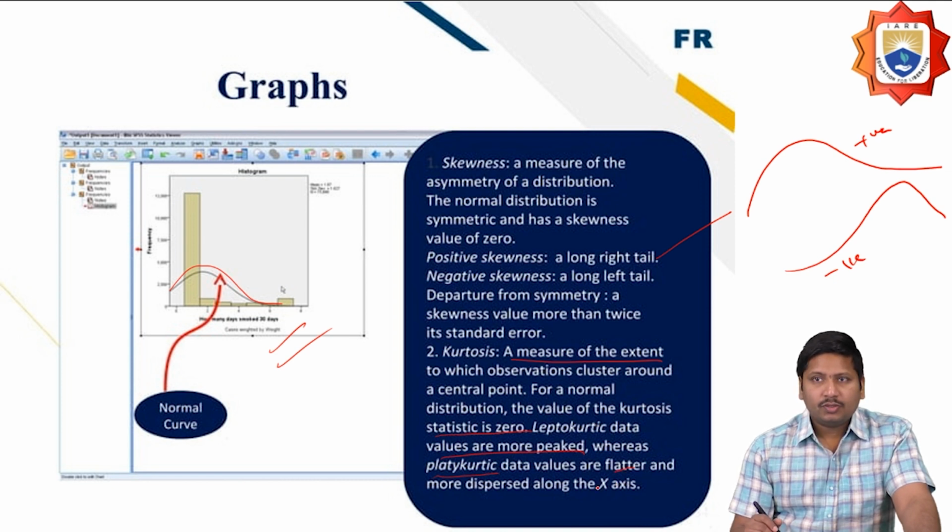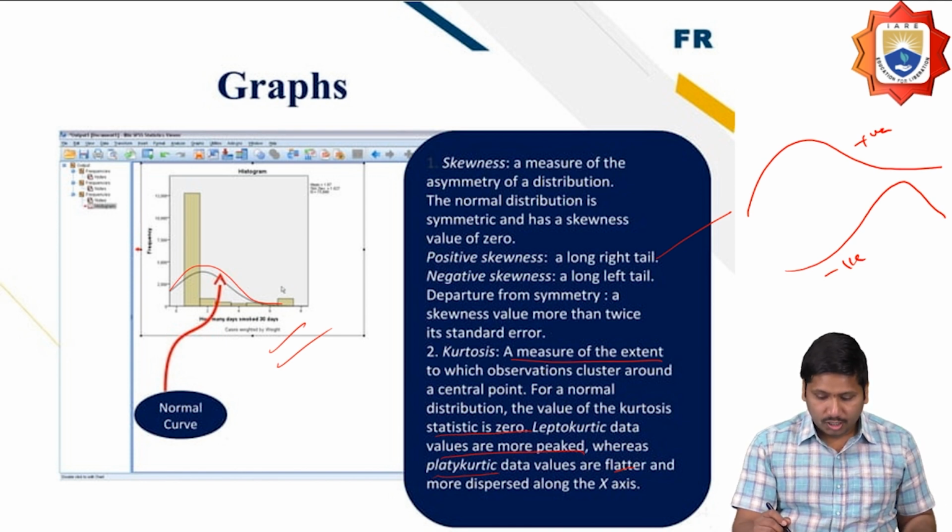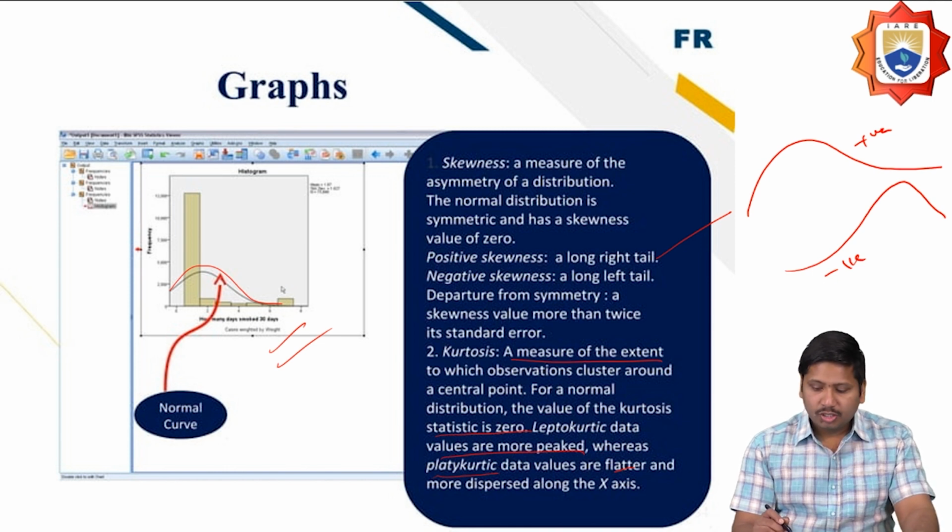These are the two kinds of measures we can make in the graphs. So kurtosis means a measure in which the observations cluster around the center point, and the kurtosis statistic should be 0 for normal data.